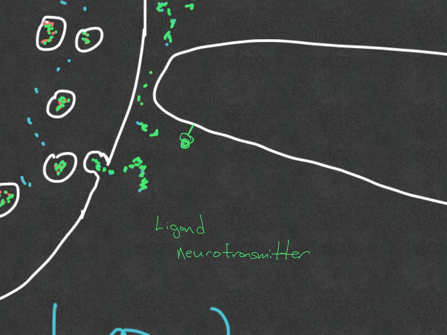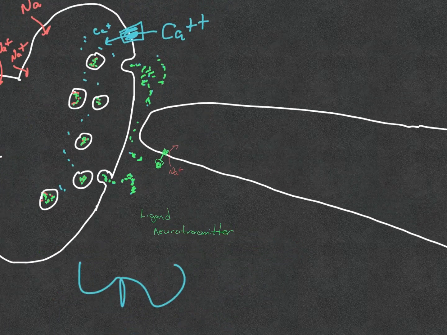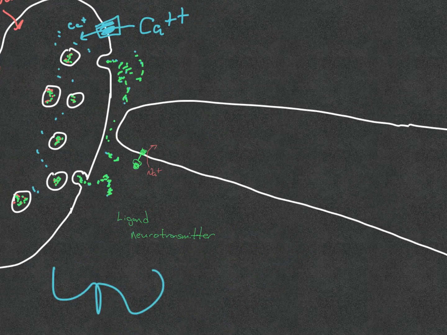When that happens, this channel protein opens up and allows sodium in. So this now is letting sodium come through this channel because of the neurotransmitter. There's a bunch of them here. I'm just drawing one, but there's going to be a bunch.